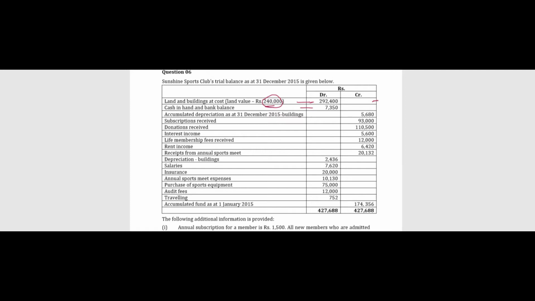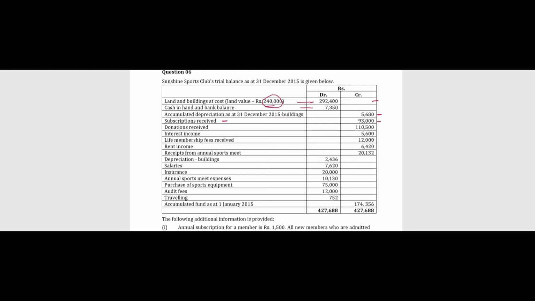Accumulated depreciation as at 31st December 2015, building, 5,680. As I told you, this accumulated depreciation is for the building value. Now, subscription received, 93,000. So what is this item? Normally, as you all know, clubs, associations and societies exist mainly from members' contributions.